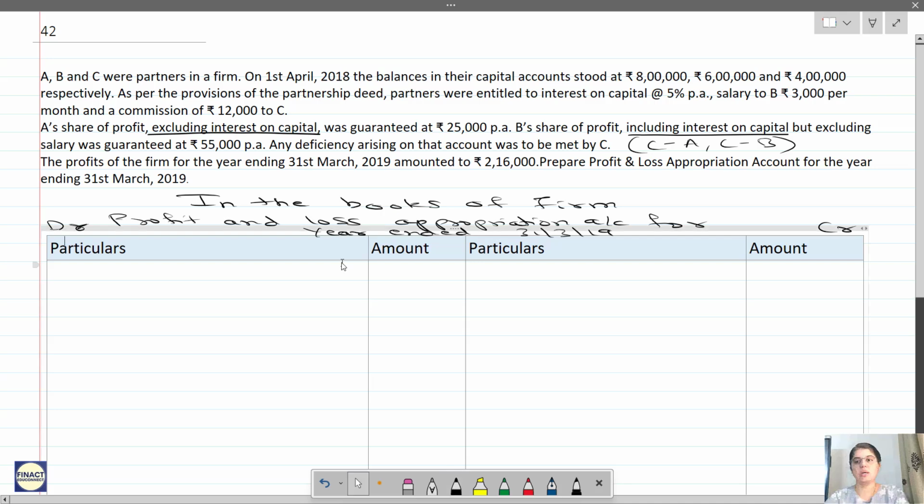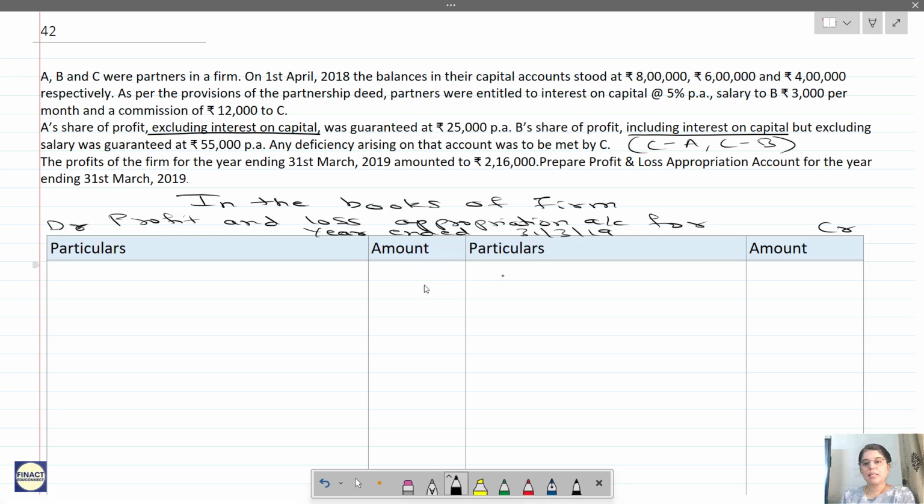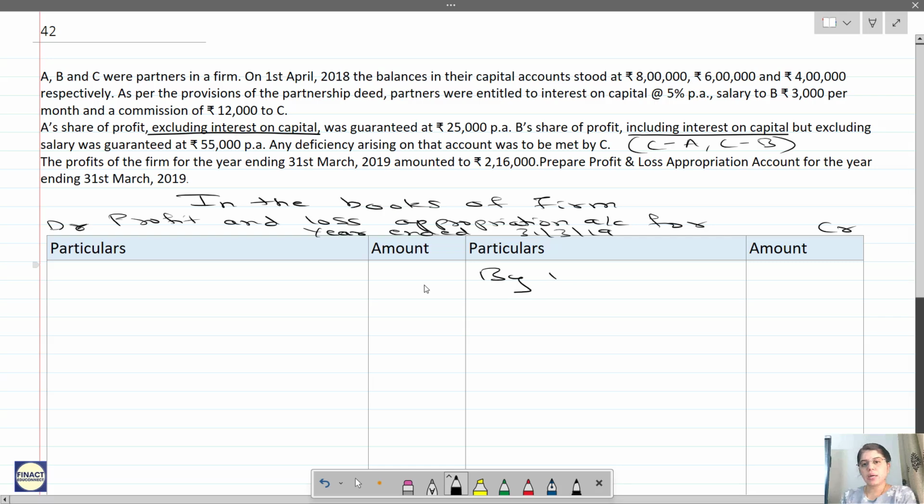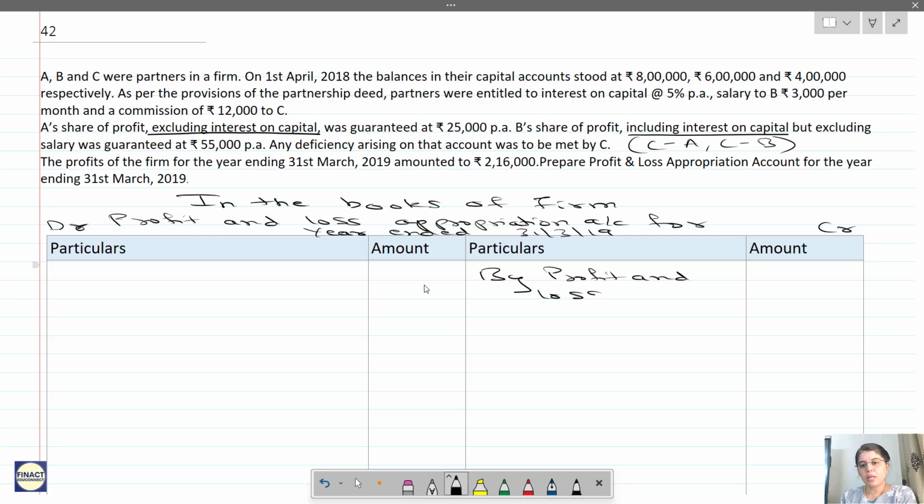Shall we start? So now see here. The profit of the firm amounted to 2,16,000. That will come over here, by profit and loss account. We have transferred it, right? 2,16,000. Okay. Now what else is there?